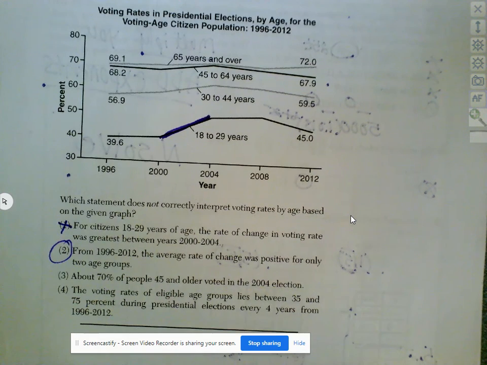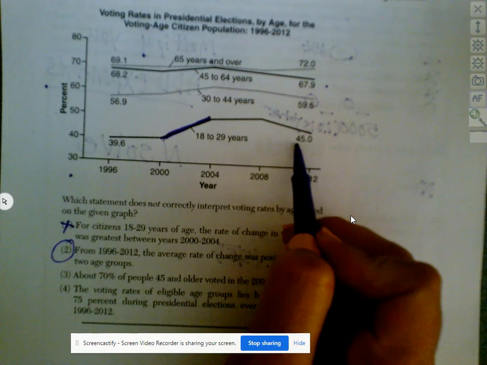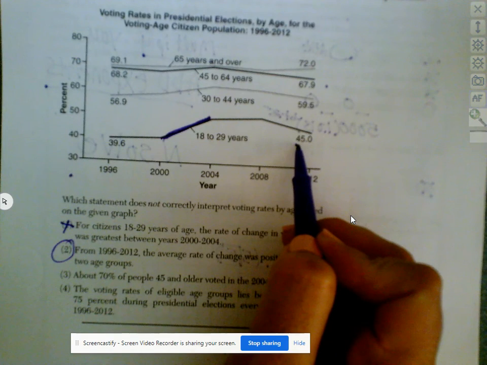For the next one, from 1996 to 2012, the average rate of change was positive for only 2 age groups. So we have to look at if they were positive. We have a rate of change here that increased.